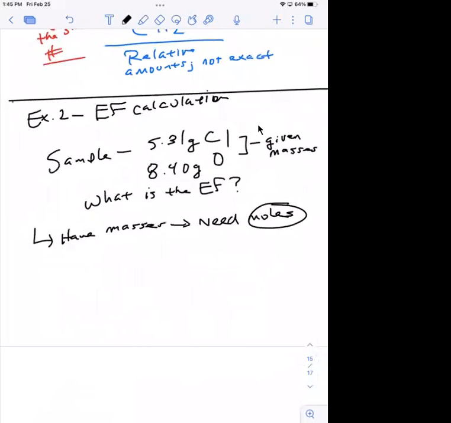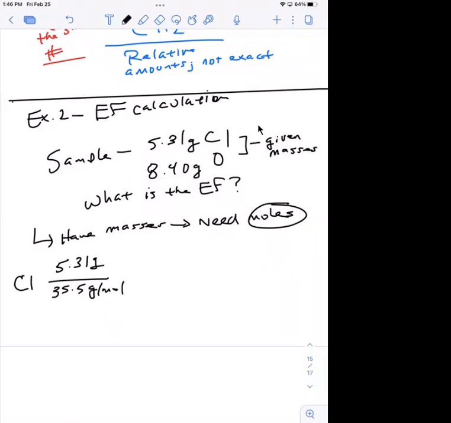So for chlorine, we'll take 5.31 grams divided by chlorine's molar mass or molecular weight, which is 35.5 grams per mole. This is just based on its atomic mass from the periodic table.